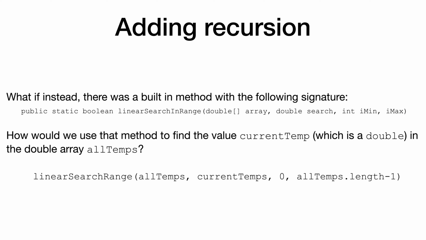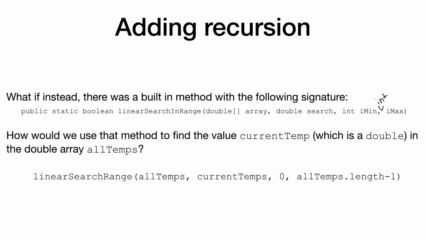We're given the range and the normal search and array, and it returns to us whether or not the search is found in that part of the array.